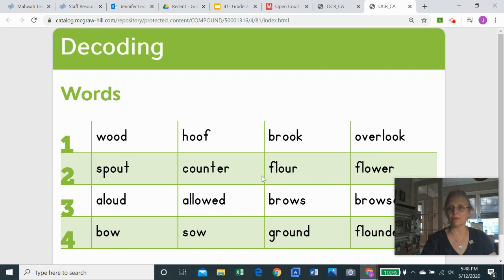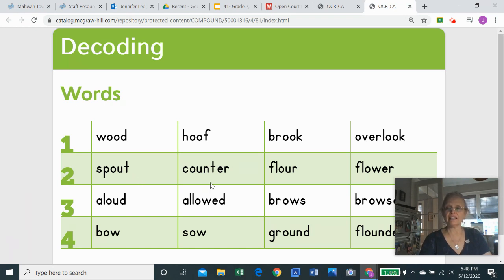Now let's read the words in line 2. Spout, counter, flour, and flower. A spout is an opening, like a water spout where water comes out of your faucet.